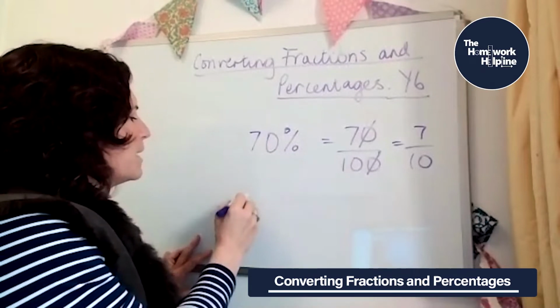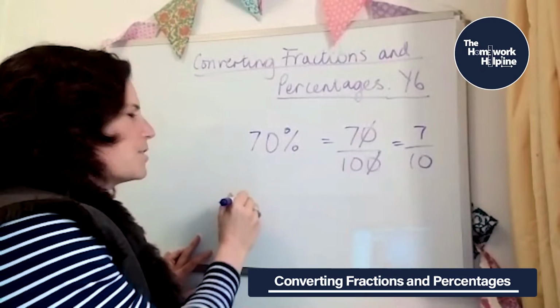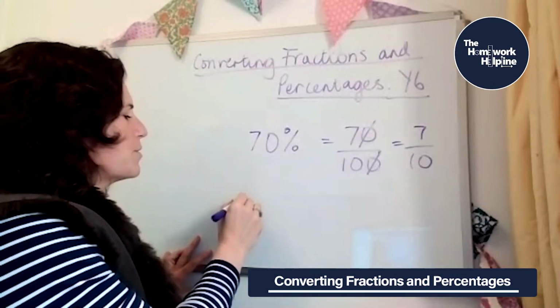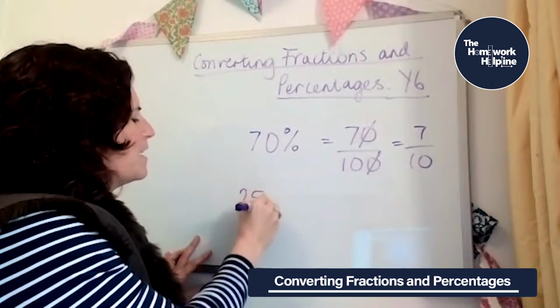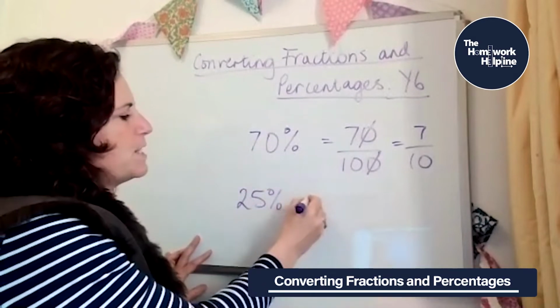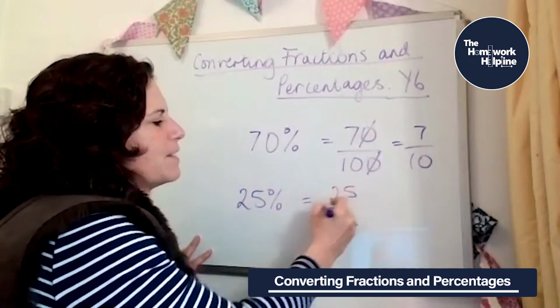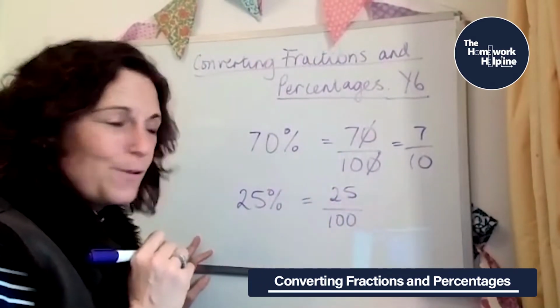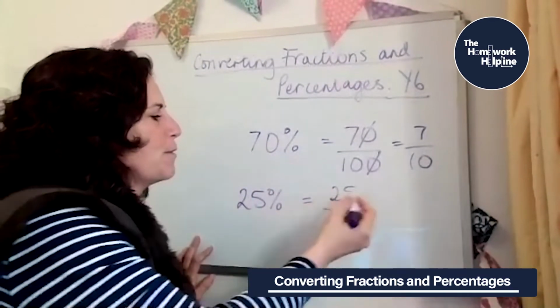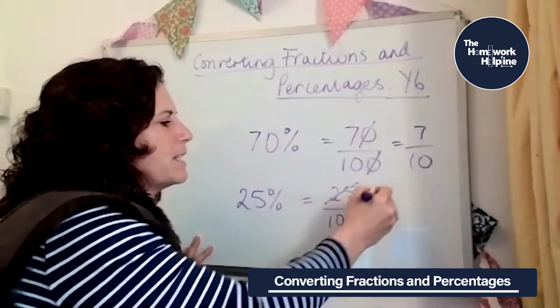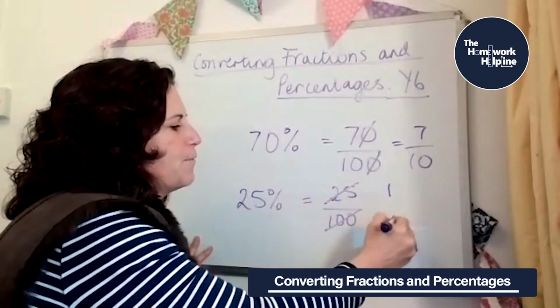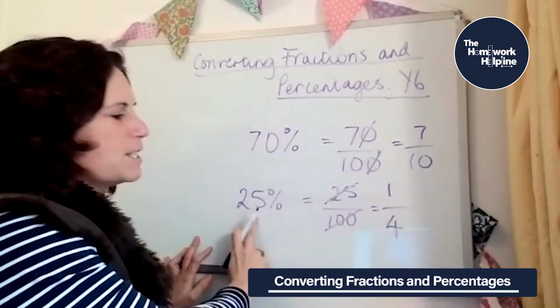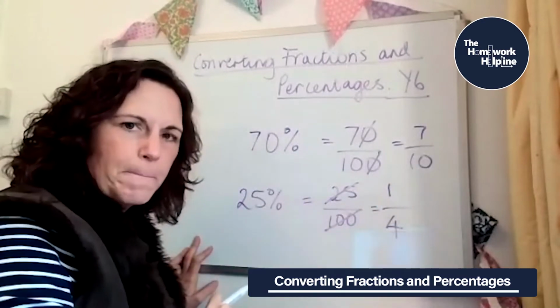One of the most common ones we come across is 25%. Now, 25% is 25 out of 100, and they're both in the 25 times table. I can divide them both by 25, so I end up with 1 and 4, which is how we get 25% is the same as a quarter.